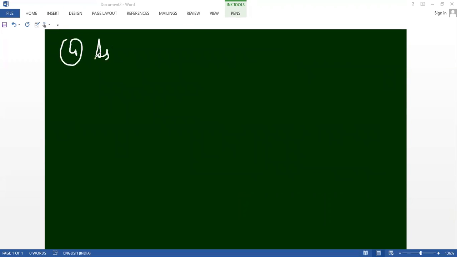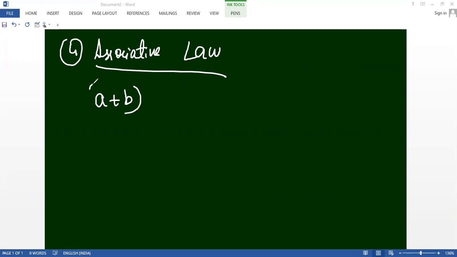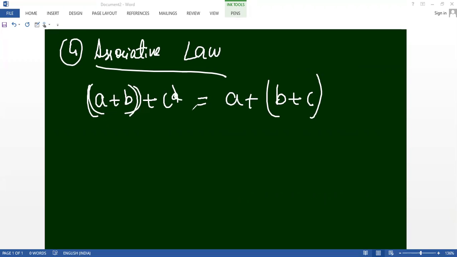The fourth property is the associative law. Here we have three numbers, a plus b plus c. With the bracket on the first two terms or the bracket on the last two terms, the answer will be the same, whatever numbers we take. For example, 1 plus 2 plus 3.